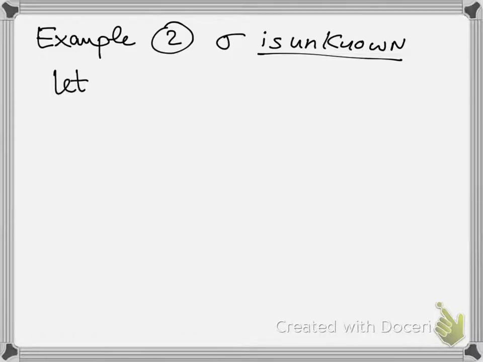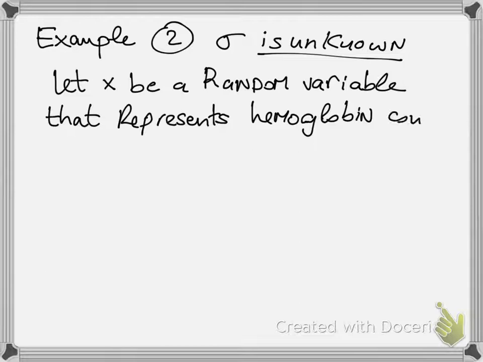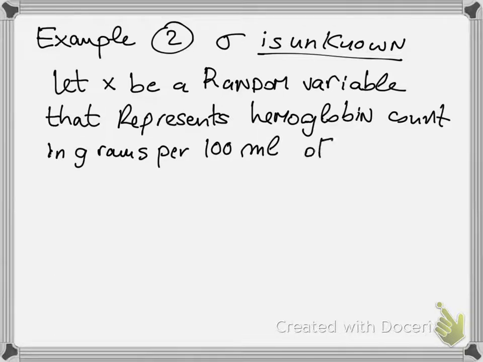So let's say X, the random variable, represents hemoglobin count in grams per, let's say, 100 milliliters of blood.